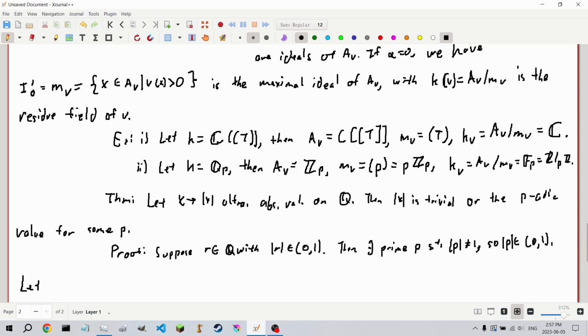Now we're going to let n be an integer with its greatest common divisor with p being 1. Then there exist integers a and b such that a times n plus b times p is equal to 1.